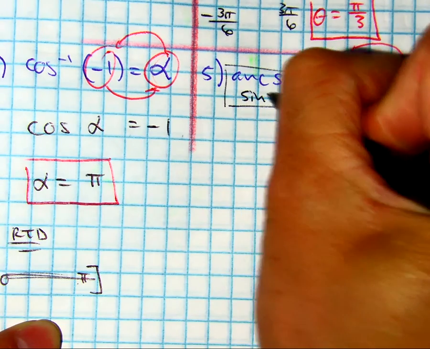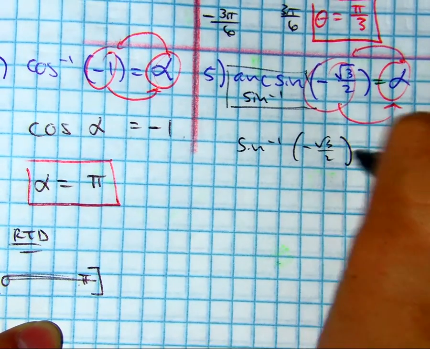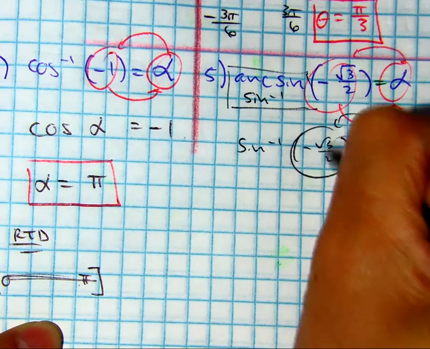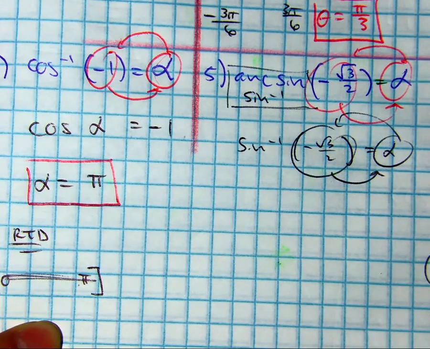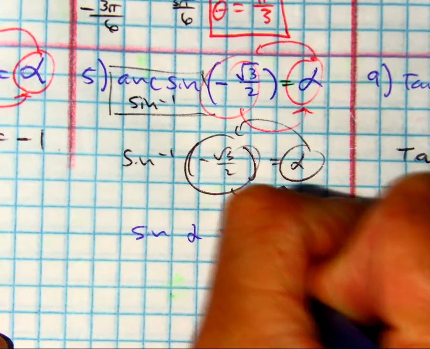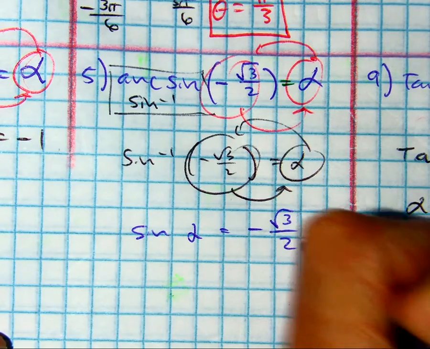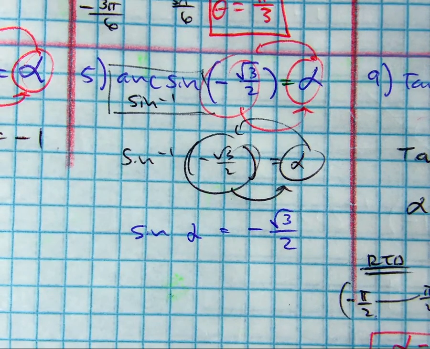So sine inverse of negative radical 3 over 2 equals alpha, and we're switching these. Tell me what to write now, Mary Grace. Sine alpha equals negative radical 3 over 2. Thank you. Thomas, where is sine negative?